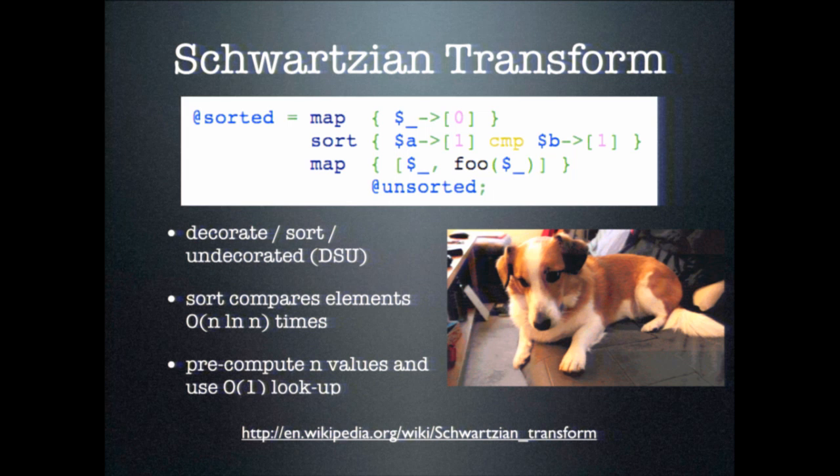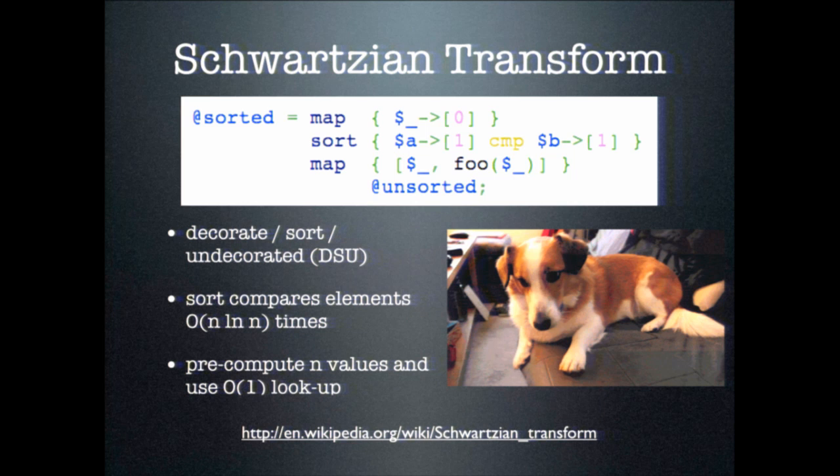So this is a faster version of just saying sort on foo of $A compare foo of $B of unsorted. Now, why is this faster? It goes back to our other issue of when we're doing a sort, we end up doing n log n comparisons. And if those comparisons are expensive, that's a lot of computation.